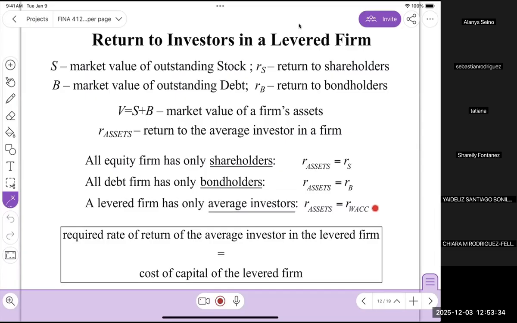And a firm that has both equity and debt, we refer to this as the cost of capital. And R assets is known as the required rate of return of the average investor in the levered firm, or in other words, the weighted average cost of capital. That's what WACC stands for.